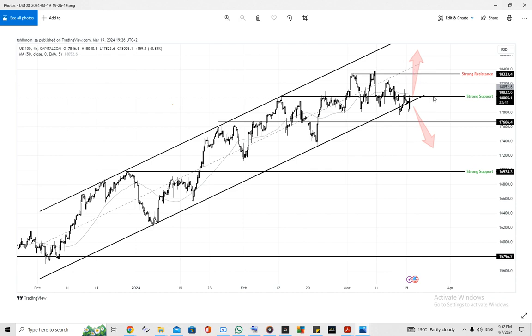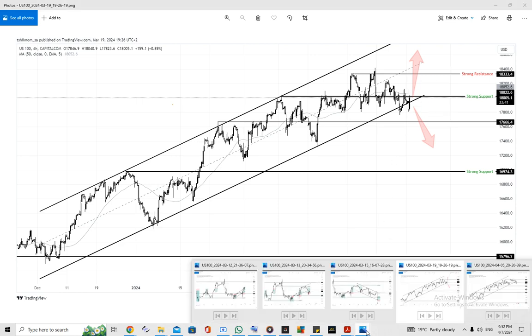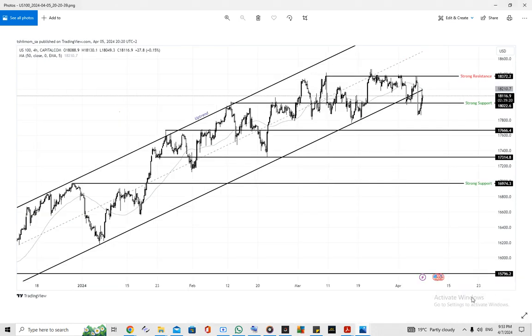Now I wanted to show you something. On the 19th, I saw that we had this ascending channel for a while on the 4 hour. So I expected that we will either see a break to the downside, or price will still continue going to the upside.